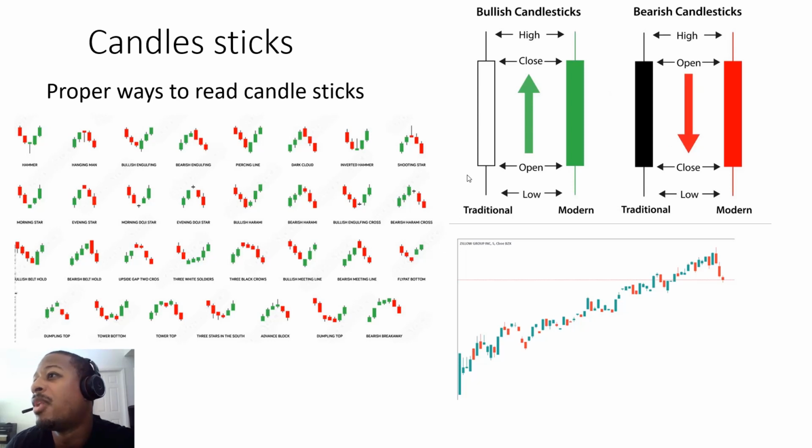The best way to interpret this is that when you see a bullish candlestick, know that it opened here at the bottom and then closed at the top. When you see the bearish candlestick, you know that it opened here and then closed down here for the price action.